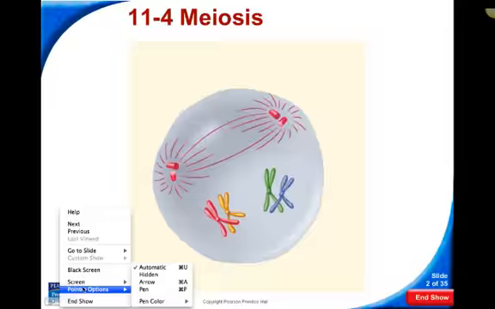The gametes of sexually reproducing organisms, and remember gametes are eggs or sperm, contain only a single set of chromosomes and therefore only a single set of genes. These cells are called haploid, and a good way to remember this is they contain half of the chromosomes of all of the other cells in your body.